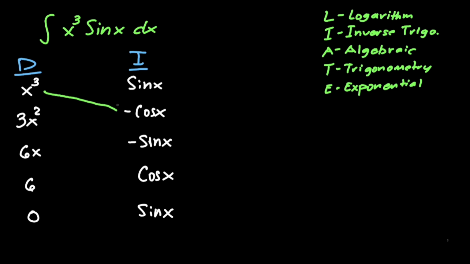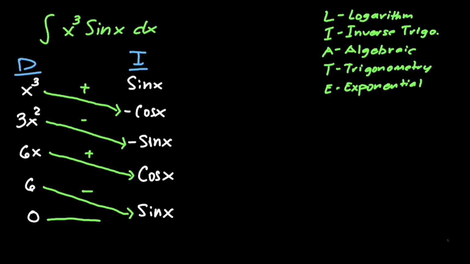Multiply x cubed by negative cosine of x. Multiply 3x squared by negative sine of x, but it will be negative. Multiply 6x by cosine of x. Multiply 6 by sine of x. And multiply 0 by sine of x, but make this positive and add an integral sign.